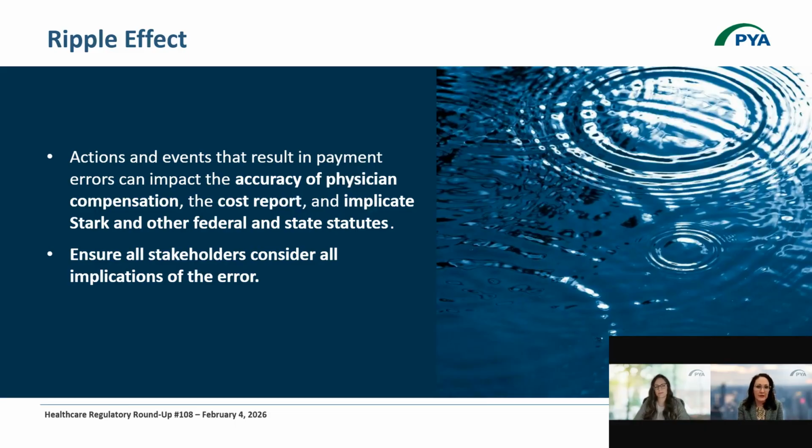Are there any facility side or pro fee side actions that have to be addressed, based on the focus of our review? Are we implicating Stark or other federal statutes? And then making sure, again, that all stakeholders are understanding of how these errors might impact other areas.